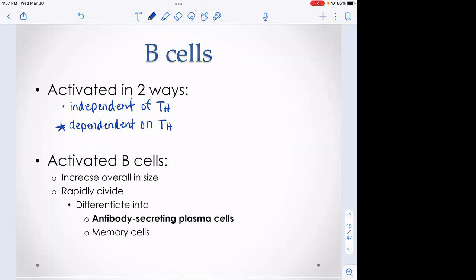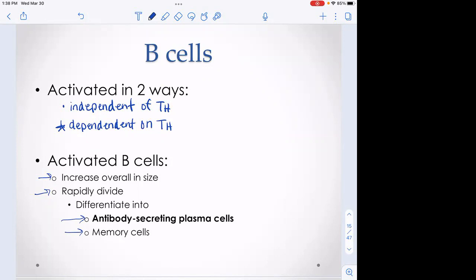So stay tuned there. But what happens once a B cell gets activated? Several things. It's going to get bigger and start dividing rapidly, and it's going to differentiate into antibody secreting plasma cells, the type of cell that's kicking out lots and lots of antibody, as well as some memory cells.